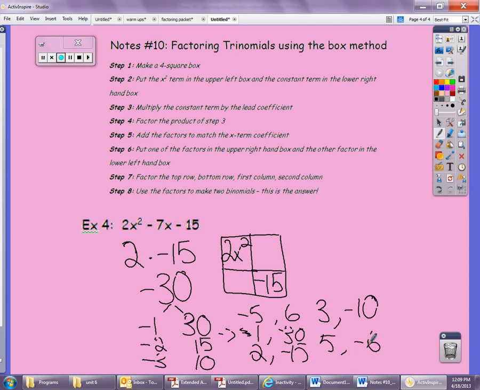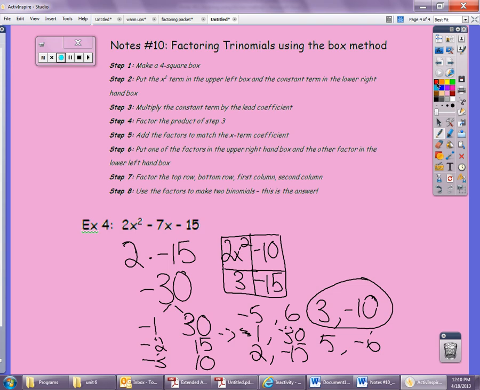Now, which of these ones gives us 3 and negative 10? 3 and negative 10. Step 6 says put one of the factors in the upper right hand box and the other factor in the lower left hand box. So negative 10 here and 3 here.